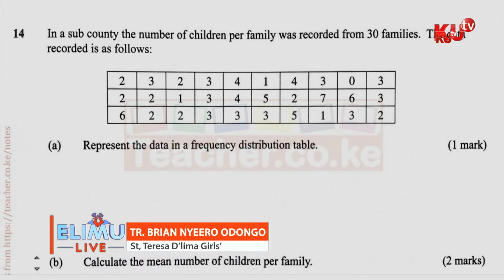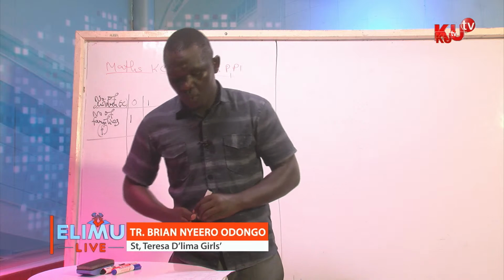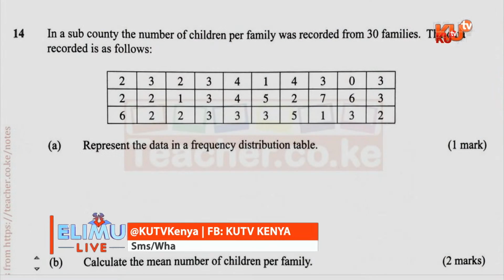Then, let's look at families with 1 child. When you look at your table, 1 is appearing 3 times, meaning it's only 3 families that had 1 child. So the number of families with 1 child is 3.